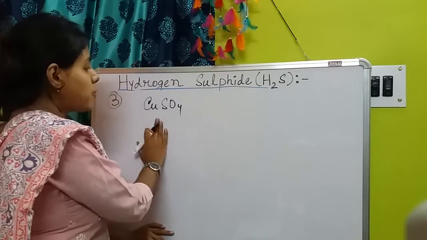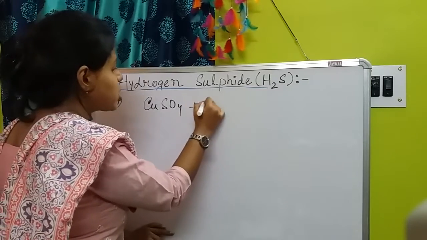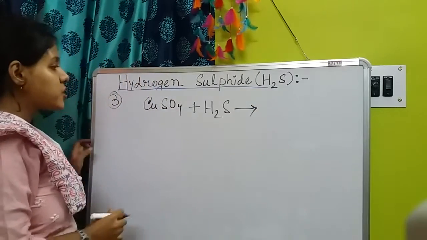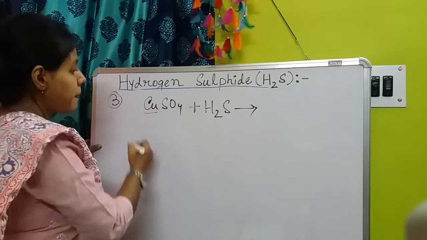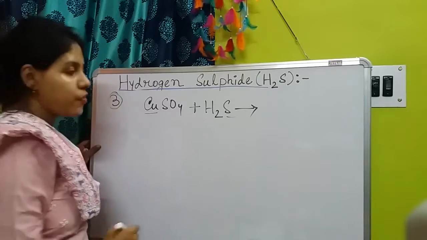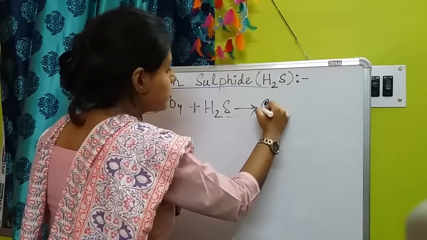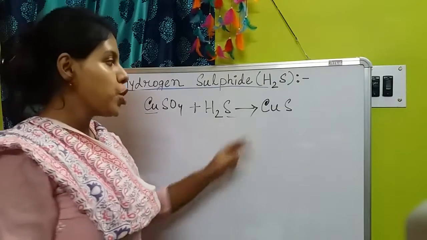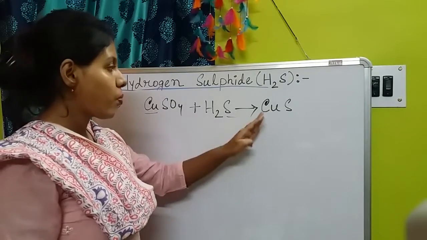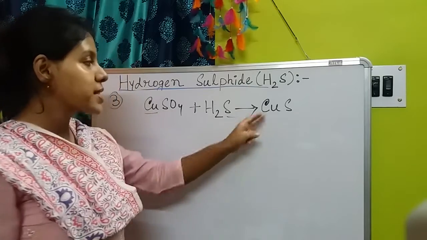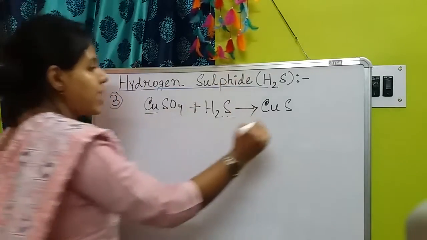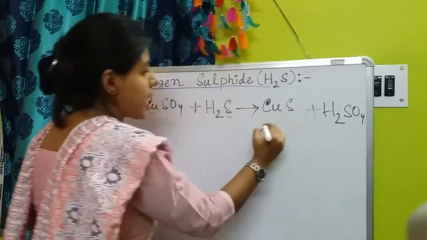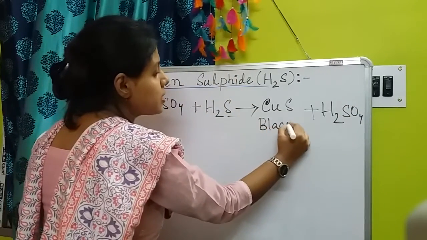Whenever copper sulfate reacts with H2S, copper will combine with the sulfide making cupric sulfide, CuS, along with H2SO4, and this one is black in color.